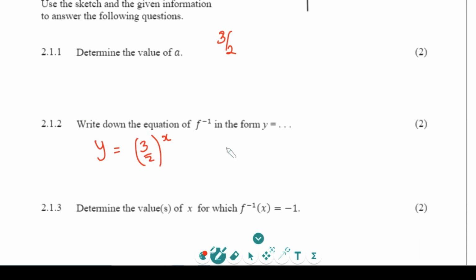Within the logs, the 3 over 2 in exponential form is the base, and it has to be carried to be the same base in the log form. So that is 3 over 2. Then all you do is switch the x and the y. So this becomes the equation of the inverse.